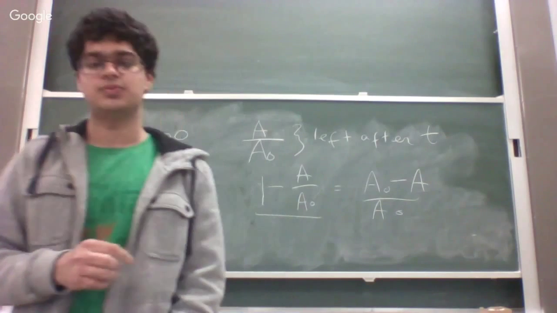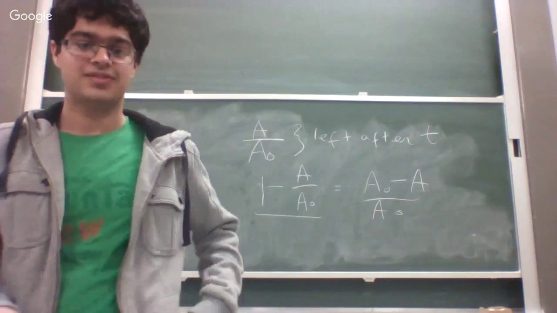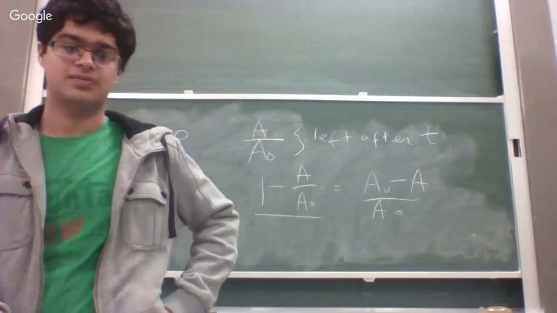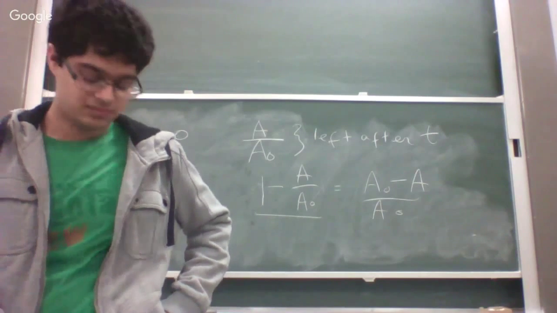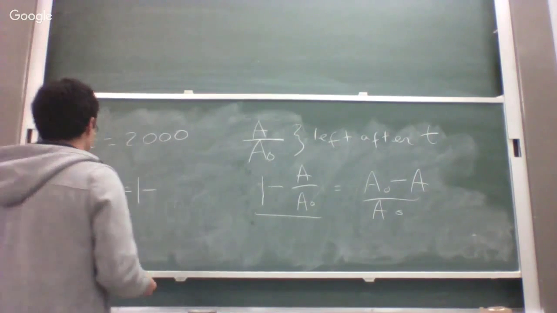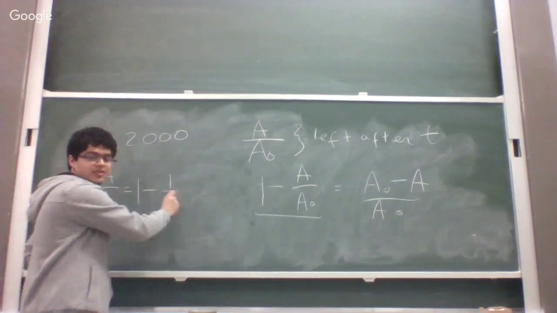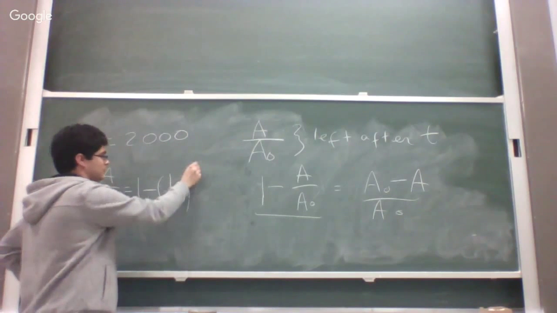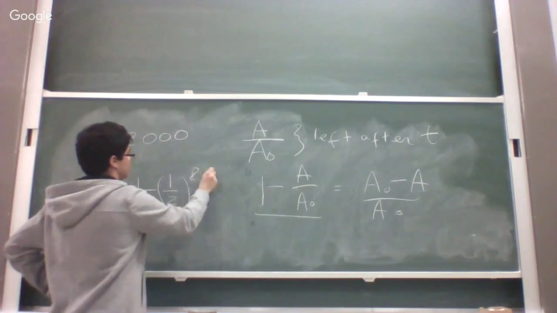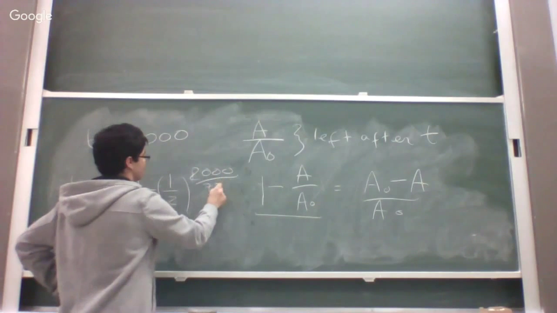So the answer would essentially be 1 minus 2,000 over 5,700.